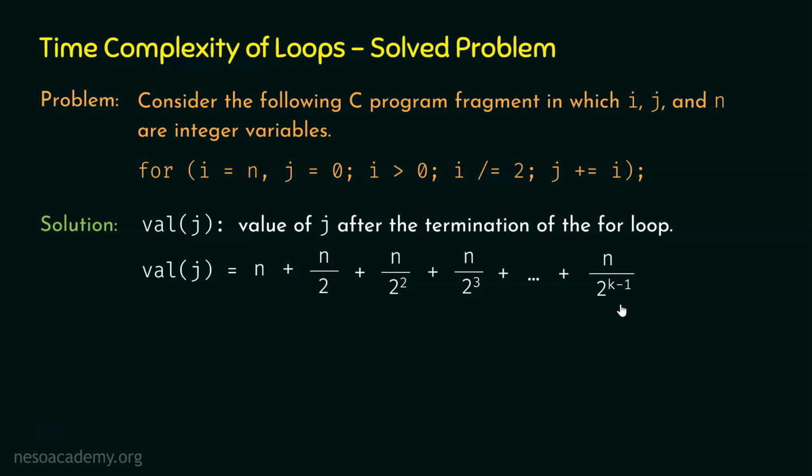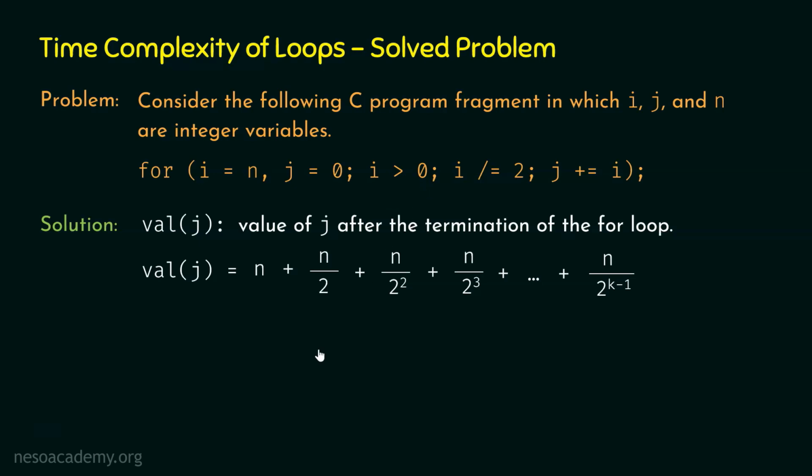Let's assume this value of i is equal to 1, because for i equal to 1, the condition is true, but for i equal to 0, the condition fails. I'm assuming that the kth iteration is the last iteration, and hence I'm assuming n/2^(k-1), which is the last value of i, is equal to 1, because this represents the last value of i for which i is greater than 0.